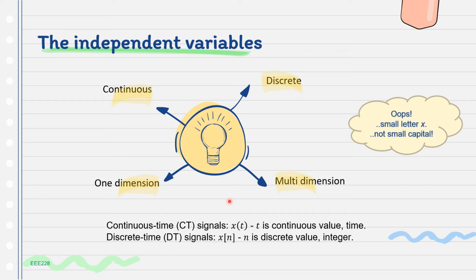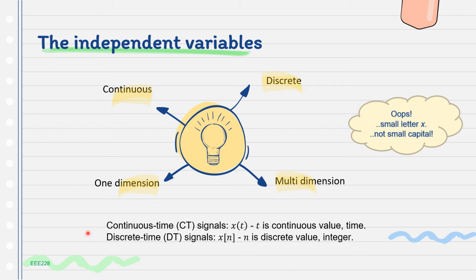So let's say when we want to mathematically describe a signal, we call it a function. So the independent variables can be of continuous type or discrete type, and it can be one dimension or multi-dimension.